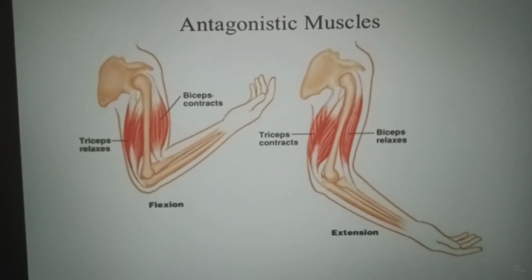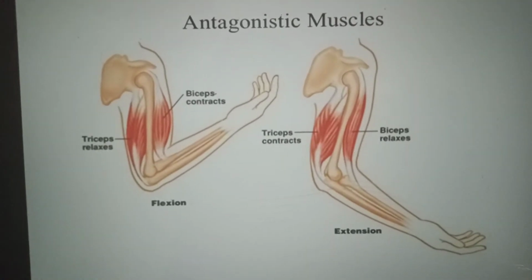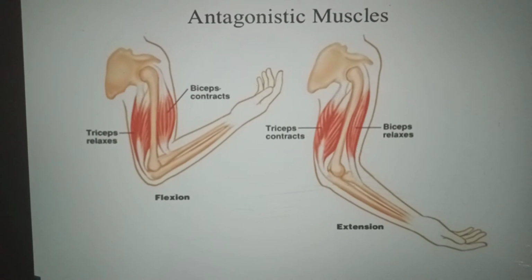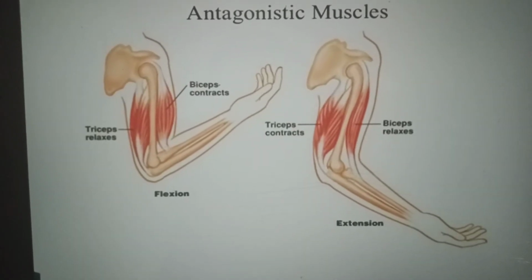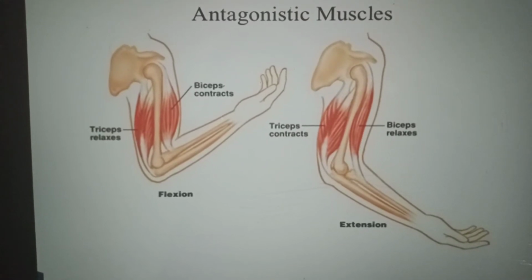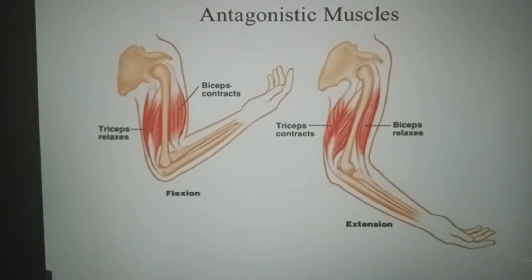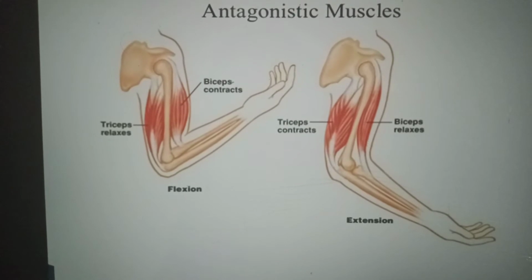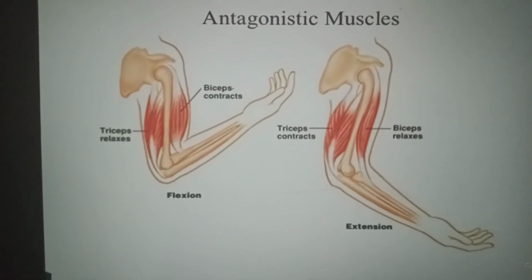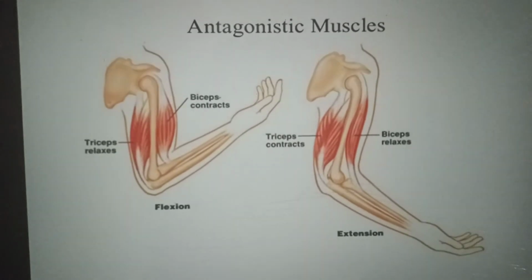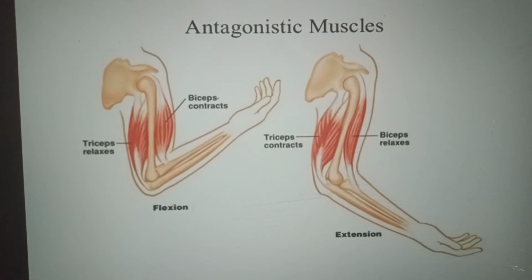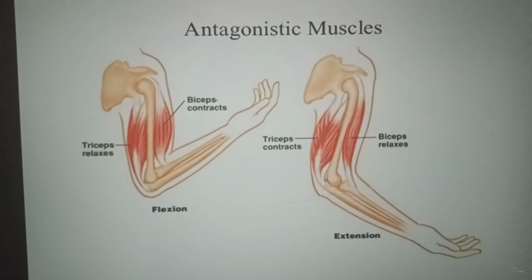This phenomenon is known as antagonism, or antagonistic action. When a muscle contracts and bends the joint, it is known as a flexor. The muscle will be a flexor muscle and the movement is called flexion. Here you can watch the biceps contraction and triceps relaxation, and the process will be flexion.